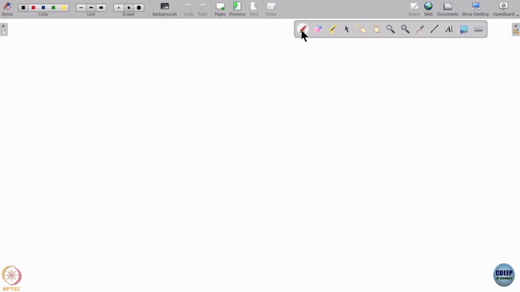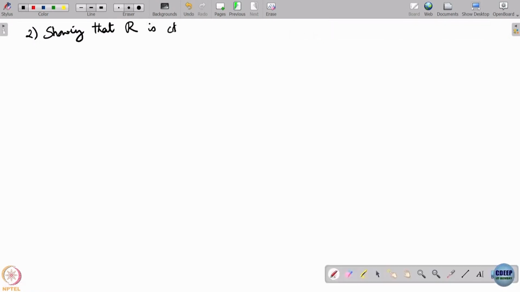So, now we will show that R is convex valued. How does Yi being convex translate to their product?